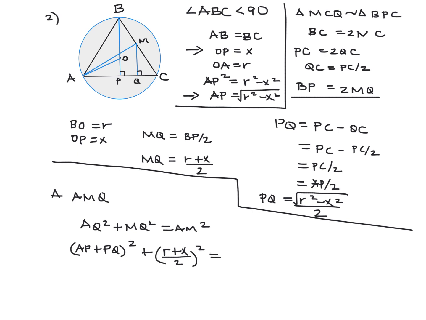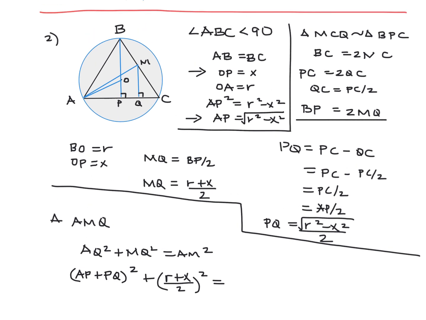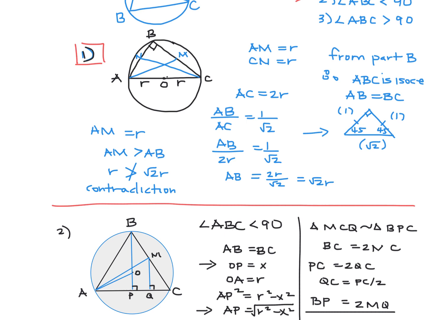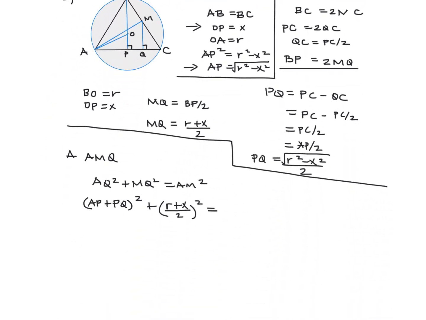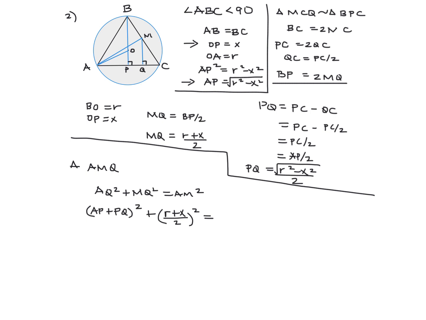And then AM squared, what's AM squared here? Oh, remember the question tells us that the medians are equal to R. I forgot that. It's been so long now. Let's see here. The lengths of the two medians are equal to R. Okay. So therefore, AM, which is a median, is equal to R. So it's R squared. Okay, got it.